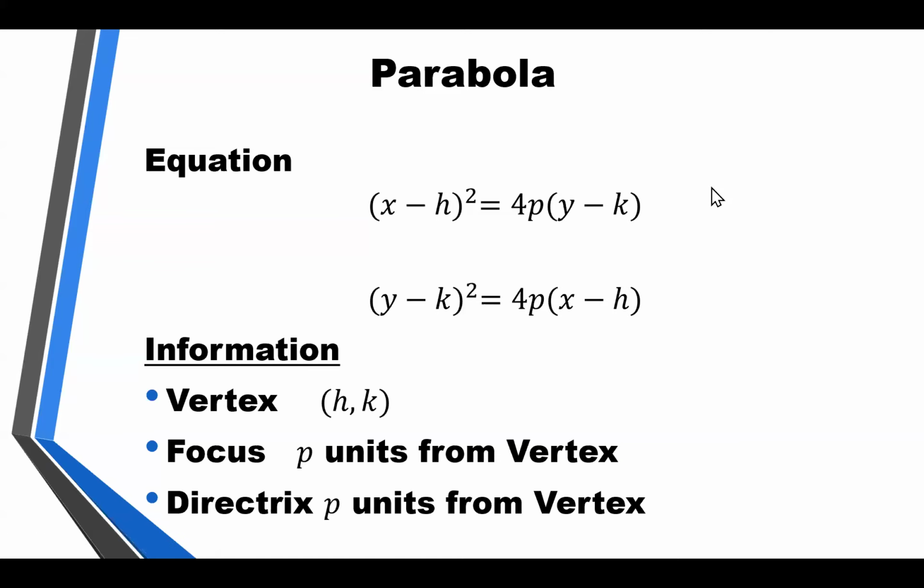Now we could do a really deep dive into applications of parabolas, but that's not the point of this class. In this class, we're just going to focus on the equation, the vertex, the focus, and the directrix. Remember, this equation is going to be the one where the parabola is pointed right or left.